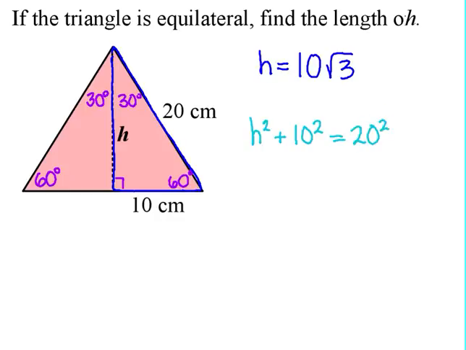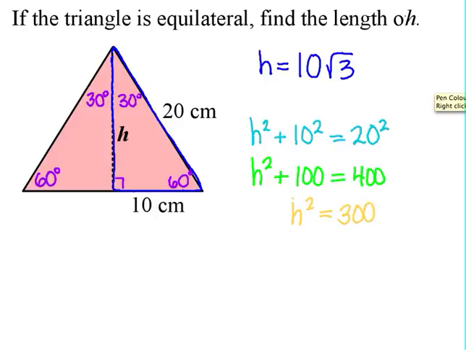Okay, so here I have h squared. What's 10 squared? 100. What's 20 squared? 400. So what do I get h squared to equal? 300. Now to solve that, what are you going to do? Take the square root. So now I'm going to break down 300.